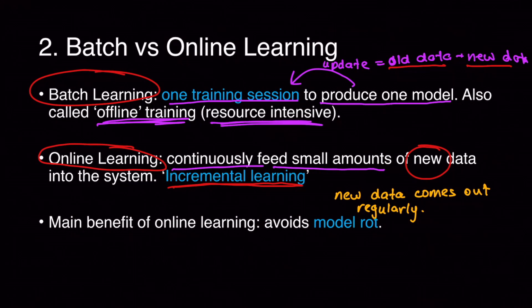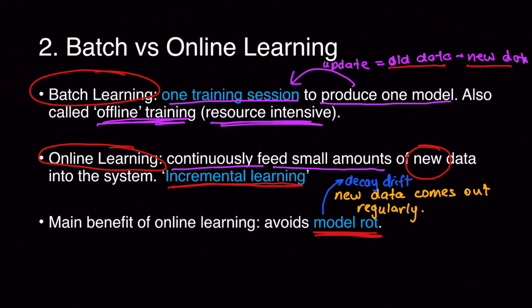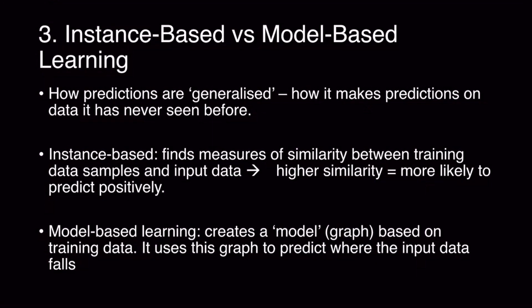Because if there is new data, that means there's old data, and that's what your program is trained on. This is also called a decay drift, by the way. And model rot is just not keeping up with the new data. Like your prediction becomes less accurate based on the information that we have. So to avoid model rot, you'd need to train your program with new data every time, and that is what you would use online learning for.